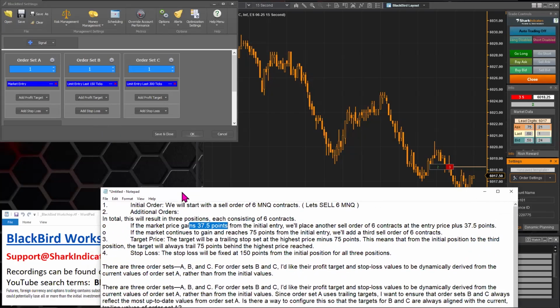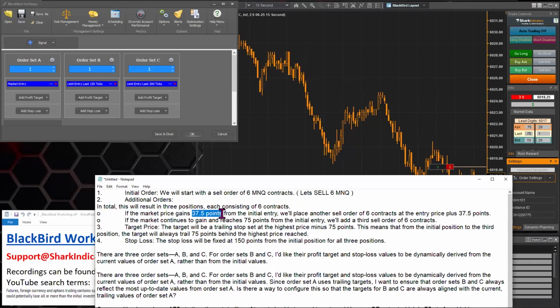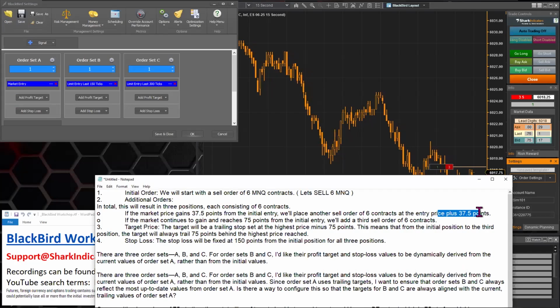All right, so part 1 is setting up our entry orders. We have our first scaling order, 37.5 points. The next scaling order is another 37.5 points past that. So let's see.